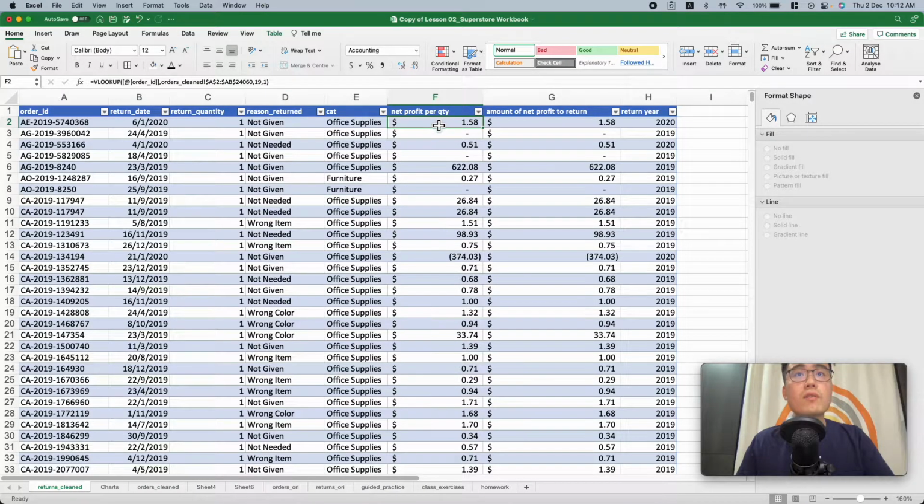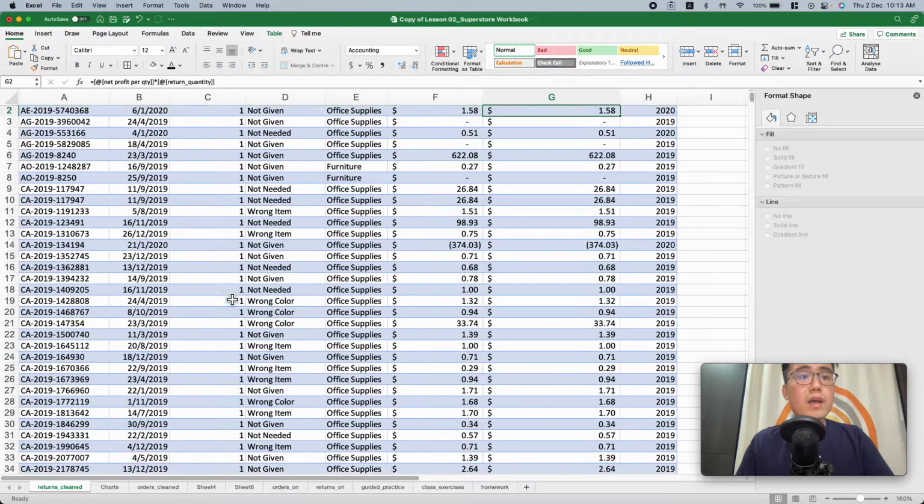So the net profit per quantity for this order is $1.58, and they are returning one order of this. So I will have this times this and get the total amount that the company or superstore have to return to this particular customer on this particular order.